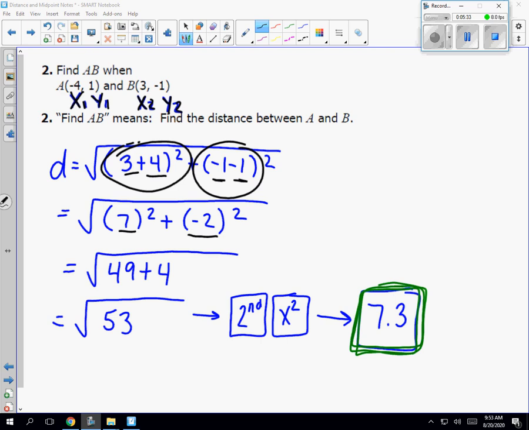Then I do my squares: 7 squared gives me 49, and negative 2 squared gives me 4. I add them together and get 53. Then I plug it into my calculator: second, x squared, square root of 53, and I get 7.3 as my answer.